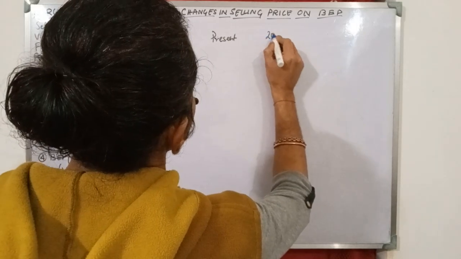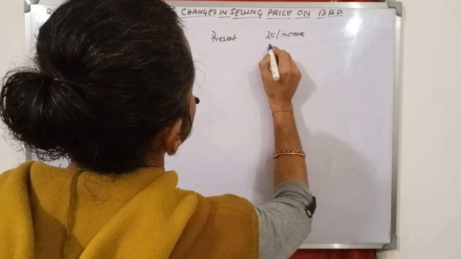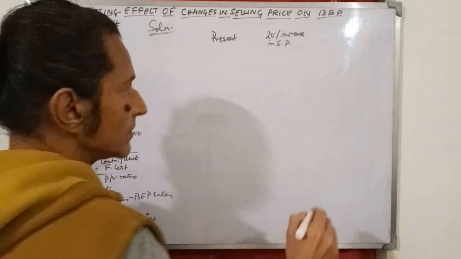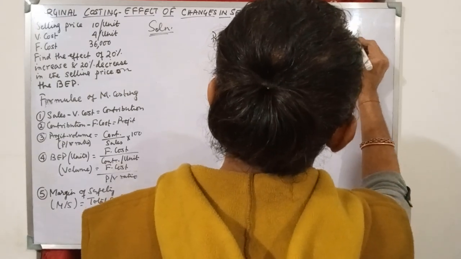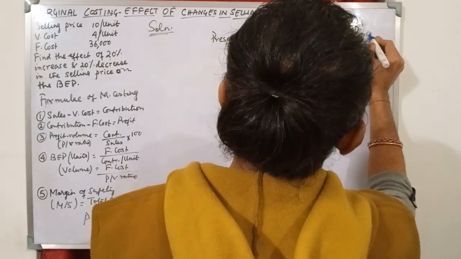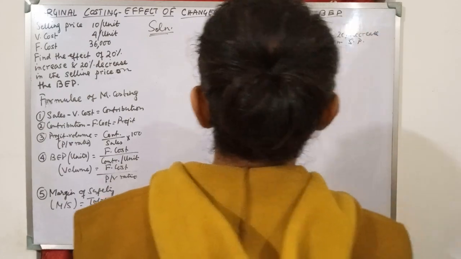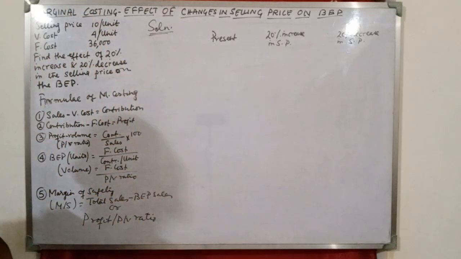Second, 20% increase in selling price, and then 20% decrease in selling price. Okay.